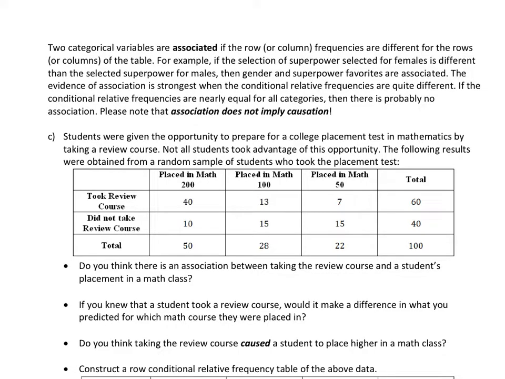We've got, in the lower end, 15 who did not take the review course ended up in the lower math, as opposed to 7. So I would say there is some sort of association here. So I would honestly say that those kids who took the review course were more likely to end up in a higher math course. If you knew that a student took a review course, would it make a difference in what you predicted for which math course they were placed in? Again, because I think there's an association, I would say yes.